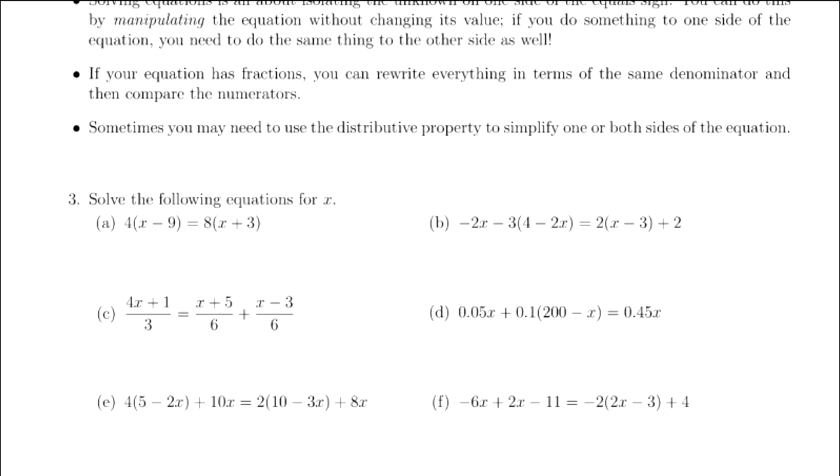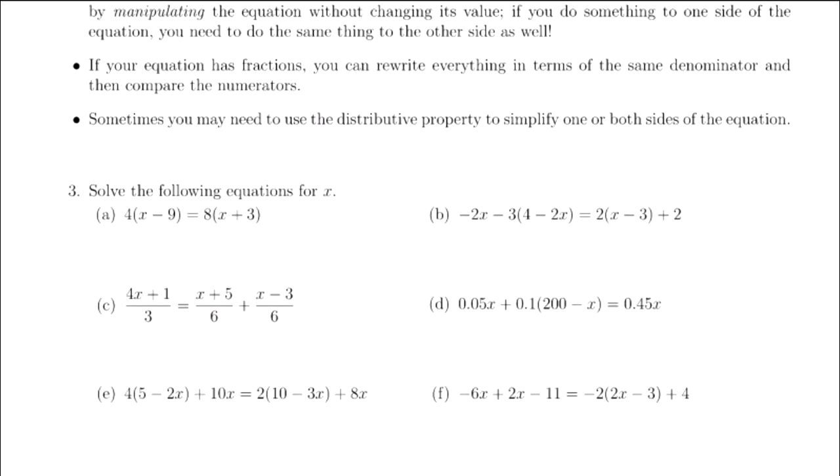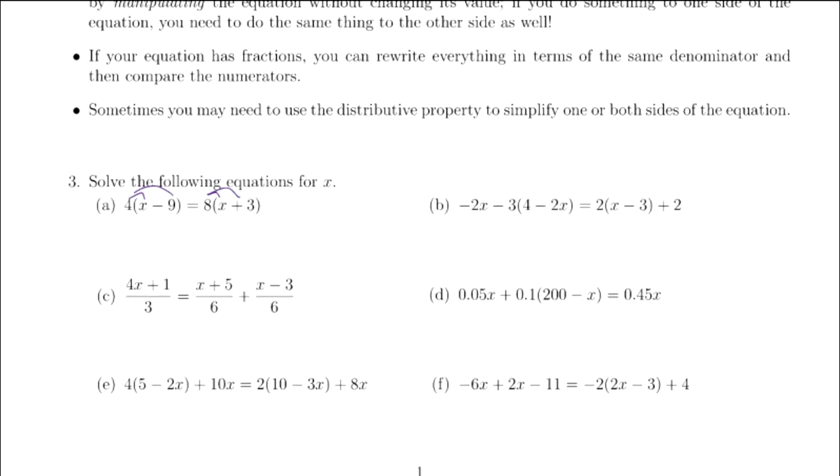So for A, I'm going to distribute first. So I have 4x minus 36 equals 8x plus 24. And I don't know why that's not with me. There we go.